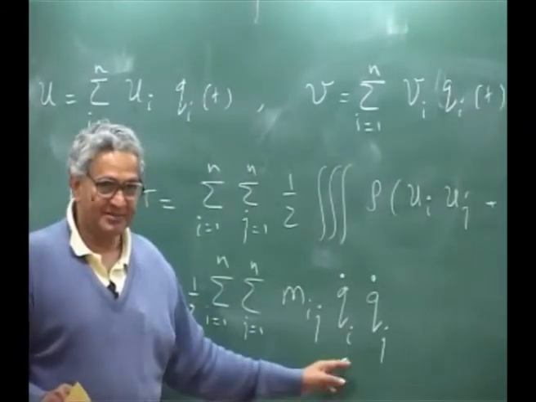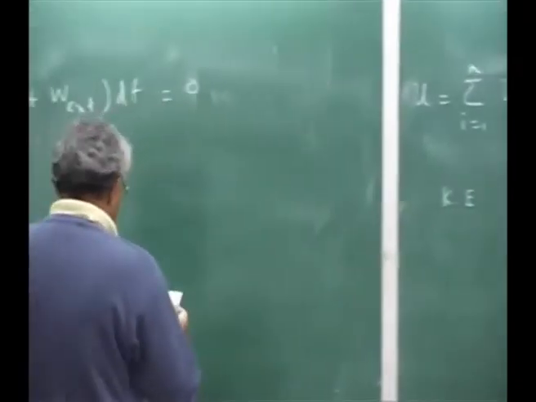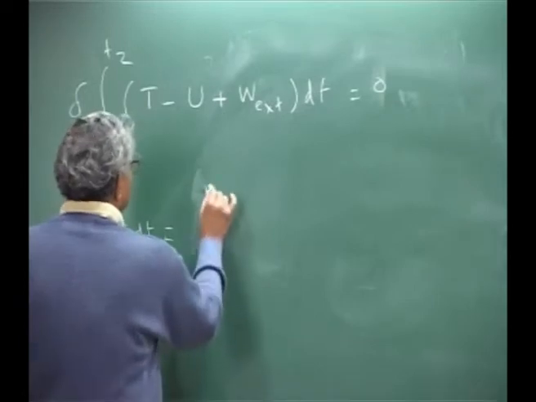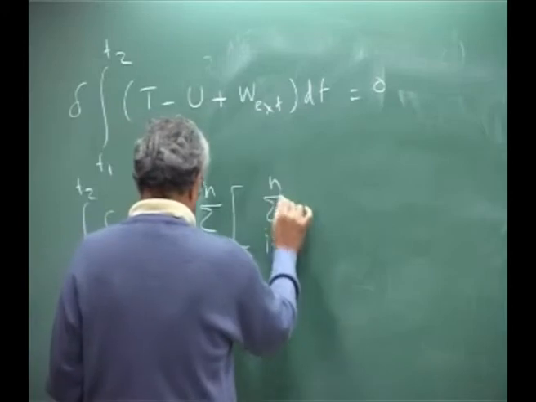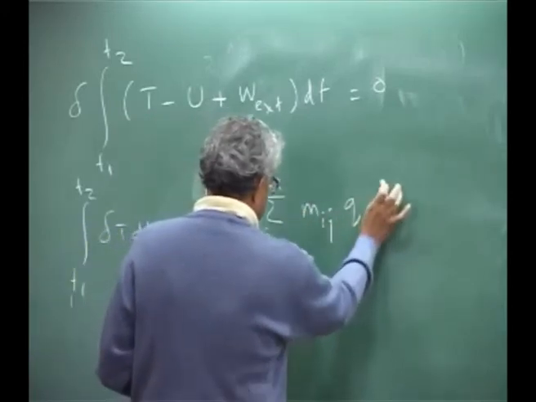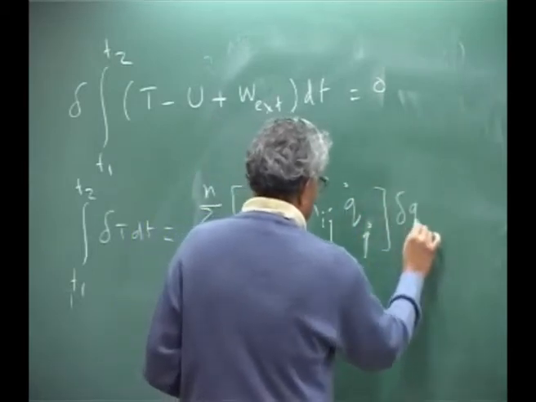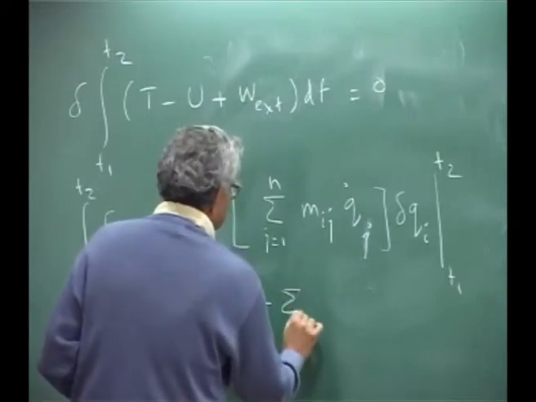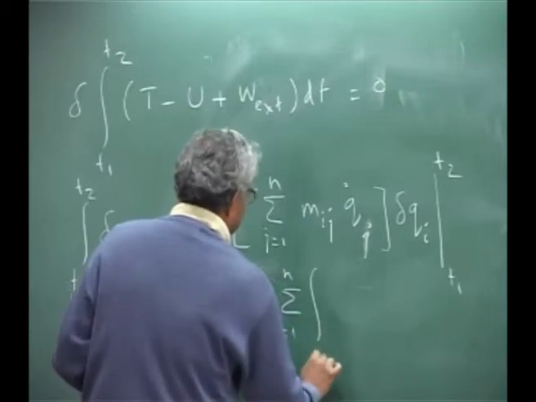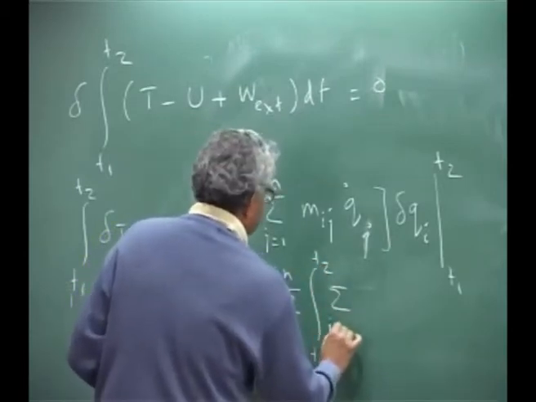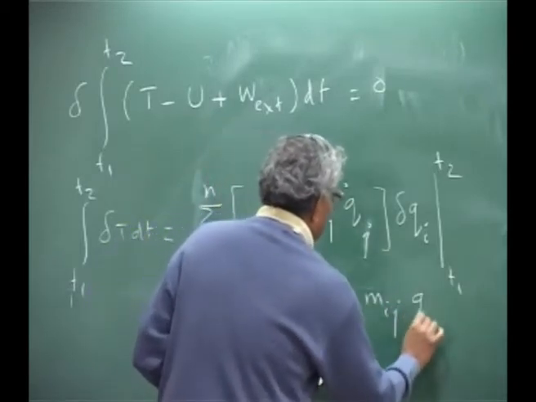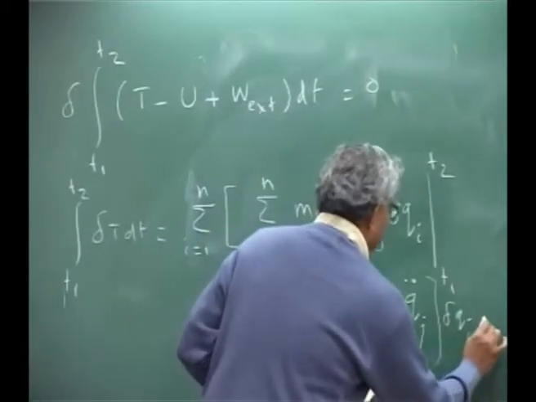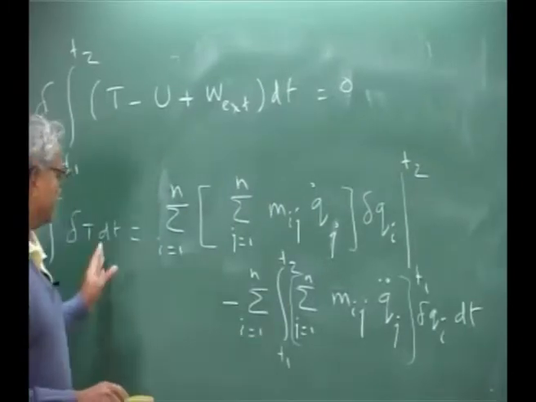This is actually a quadratic expression, so the 1/2 will go off, and I will directly write that expression: summation i from 1 to n, summation j from 1 to n, mij qj dot delta qi in the limit T1 to T2, then minus summation i from 1 to n, integral T1 to T2, summation j from 1 to n, mij qj double dot delta qi dt. This is what you will have if I integrate by parts.